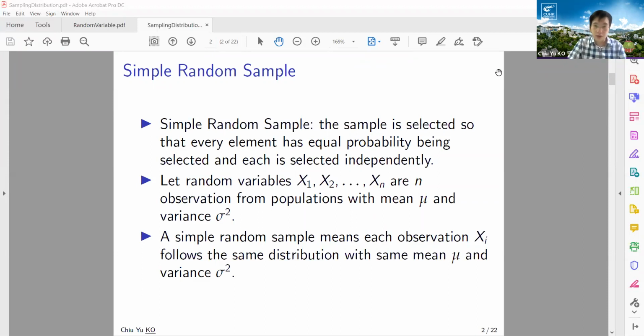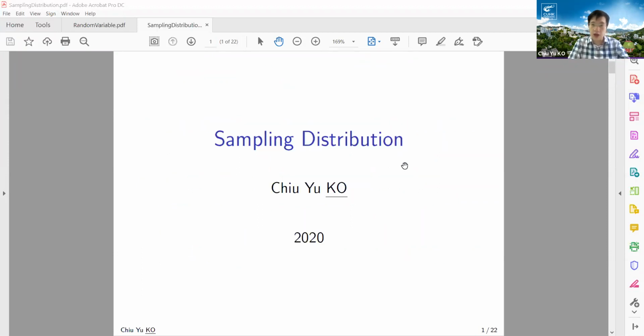Let's go back a little to why we want to do this and what we're doing for the rest of this class. So far, we describe the population, or what we call the sample space.